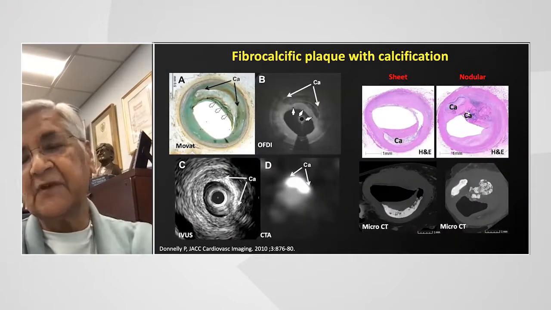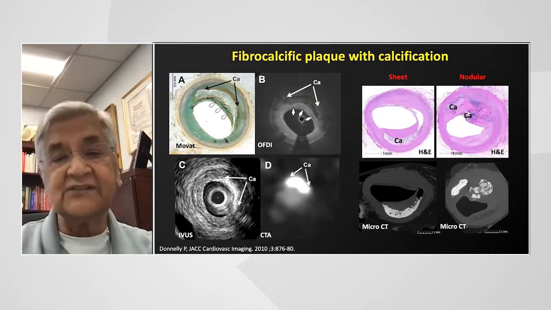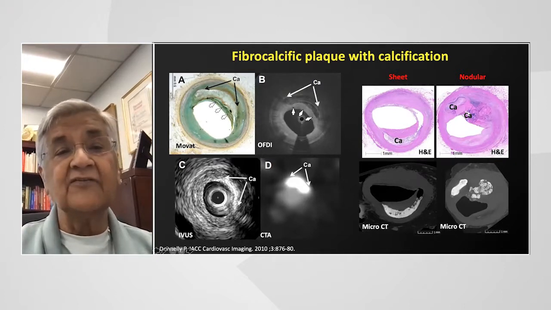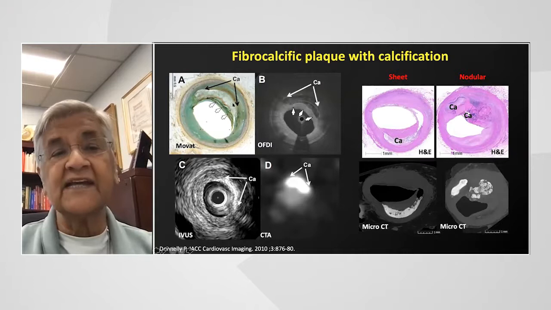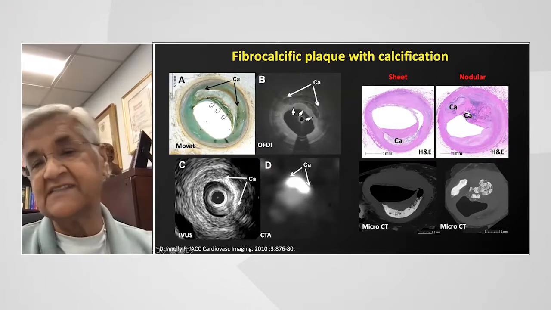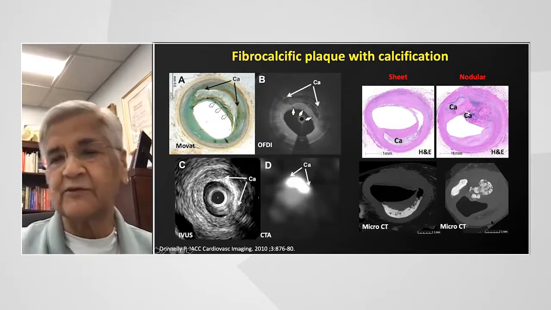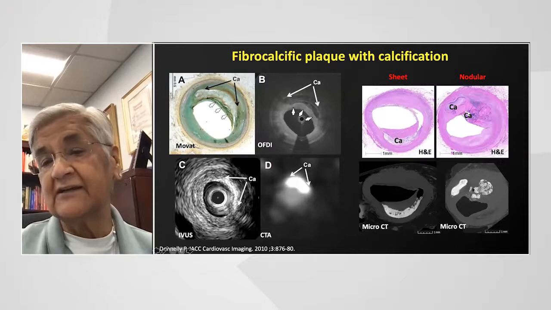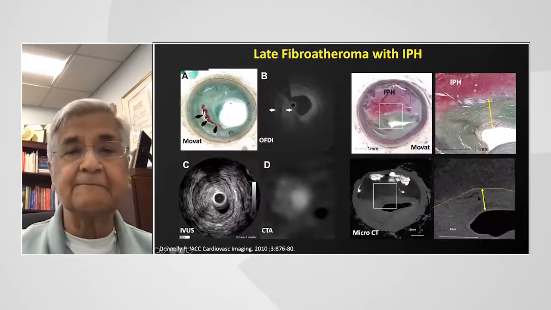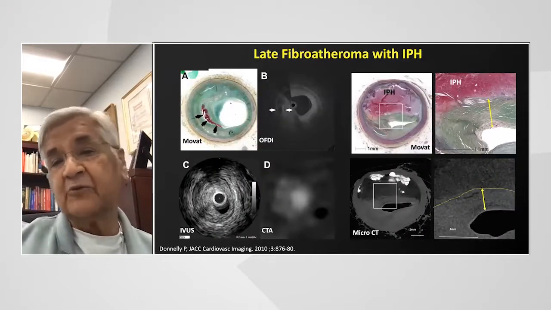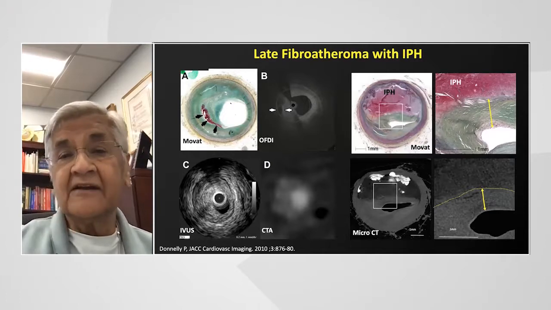Here's fibrocalcific plaque with calcification. You can see this area of calcification, fibrocalcific, diffuse. You can see it by OFDI, by CTA, and micro CT. Of course, you can recognize both the sheet calcium as well as nodular, as shown here on the right. What about late fibroatheroma with intraplaque hemorrhage?